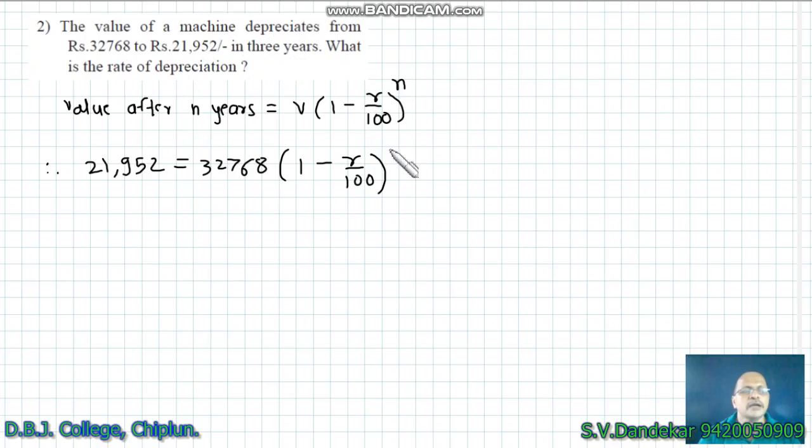Therefore 21,952 divided by 32,768 is equal to (1 minus R upon 100) bracket cube.